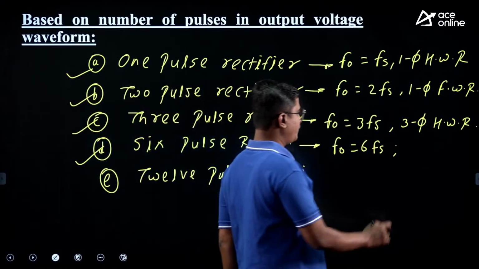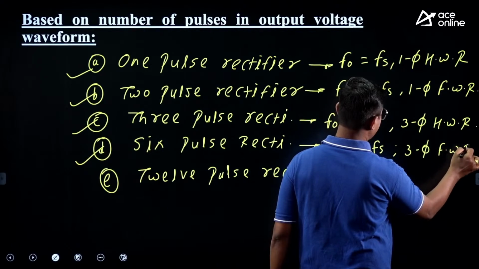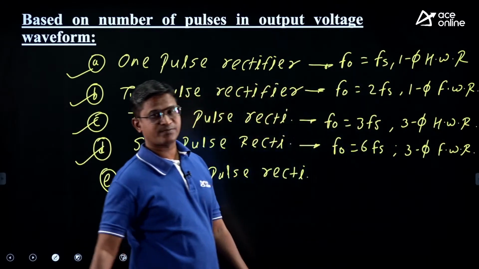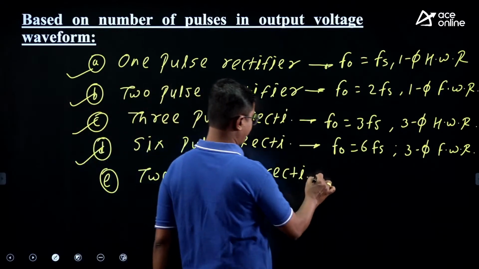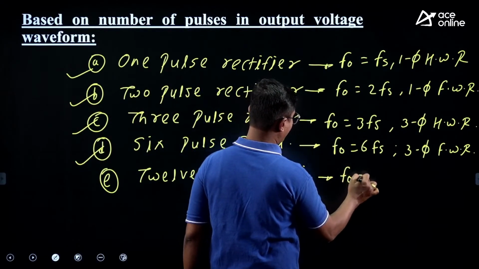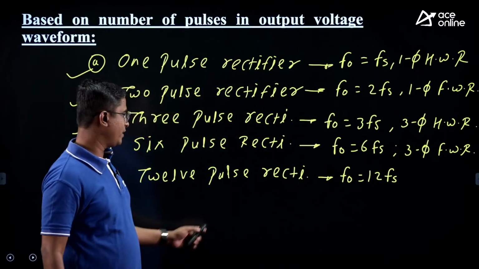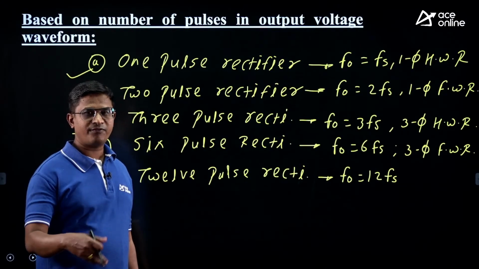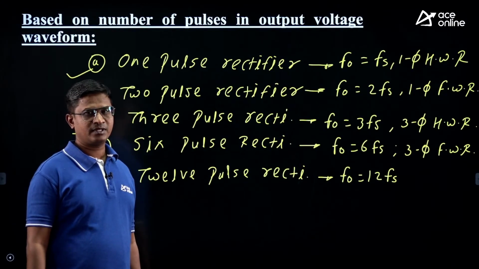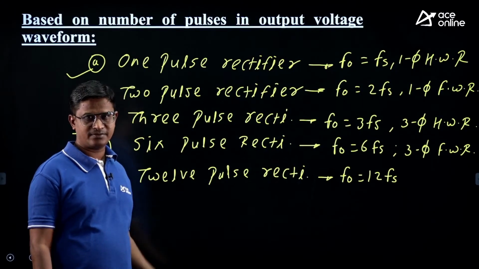Three phase full wave rectifiers are the 6 pulse rectifiers. And similarly, for 12 pulse rectifiers, F0 is equal to 12 times Fs. In a 12 pulse rectifier, two 3 phase rectifiers are connected in cascade, and then we get the 12 pulse rectifier.